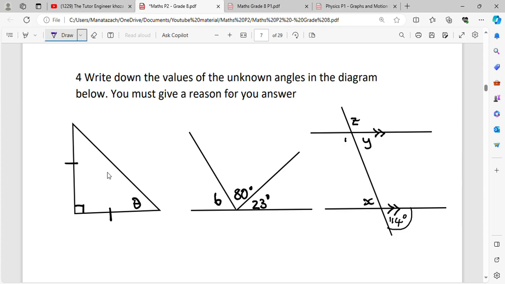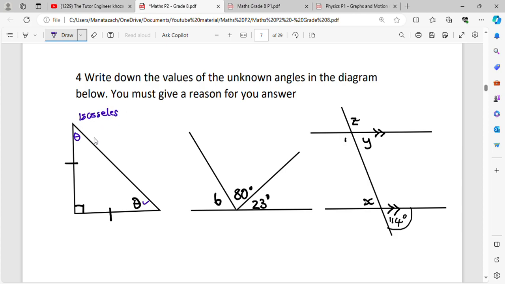Here you have a triangle. To be specific, it's an isosceles triangle. An isosceles triangle has two sides which are equal. If this angle is theta, that means that angle is also theta because you're dealing with an isosceles triangle.